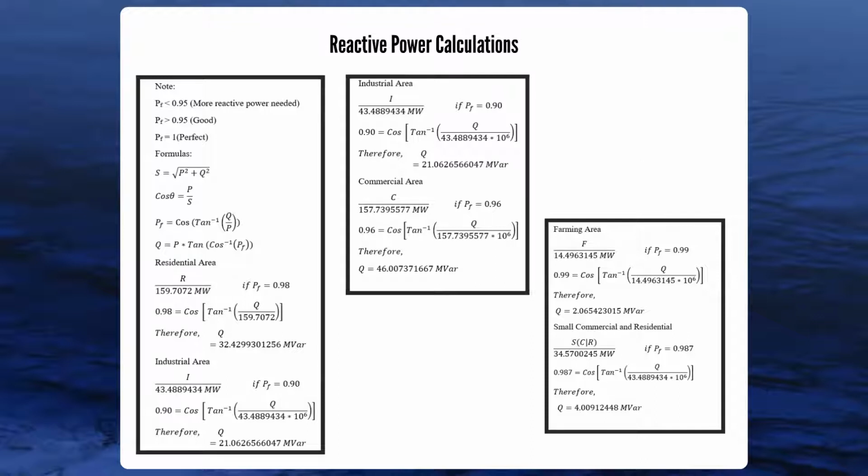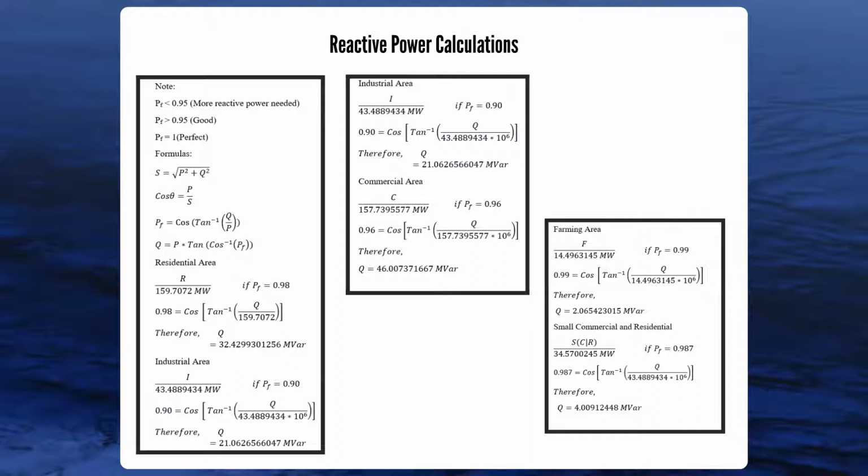To find Q, we selected the power factor for the residential to be 0.98. And that resulted in a reactive power of 32.4299 megawatt.